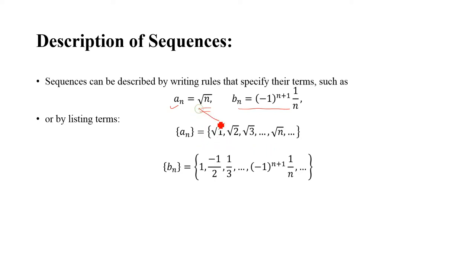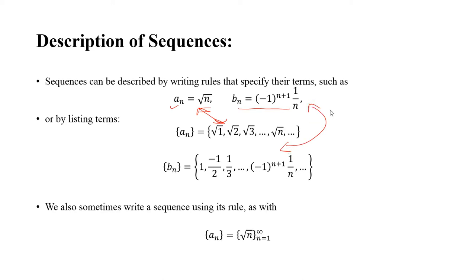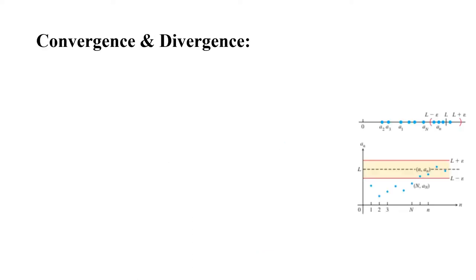The terms of this sequence can be listed this way, and the terms of this sequence can be listed in this way. Sometimes we write the sequence in this notation. So these are a few notations to represent sequences.